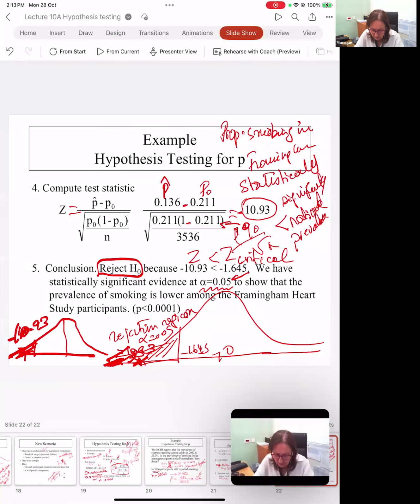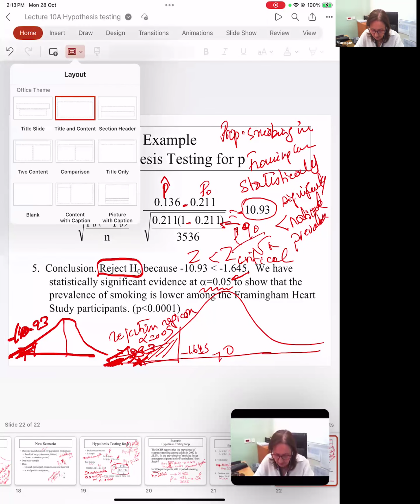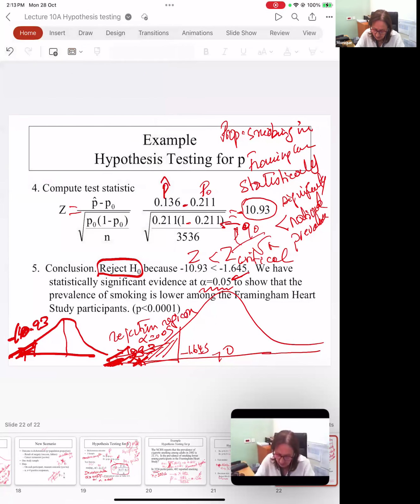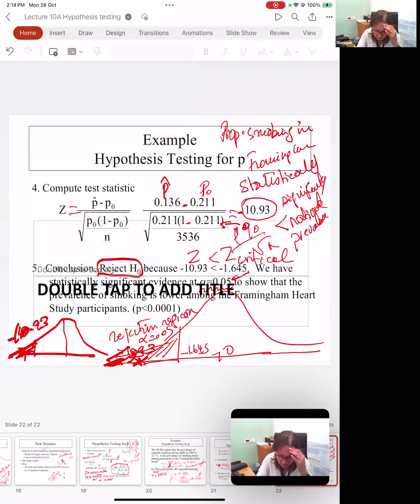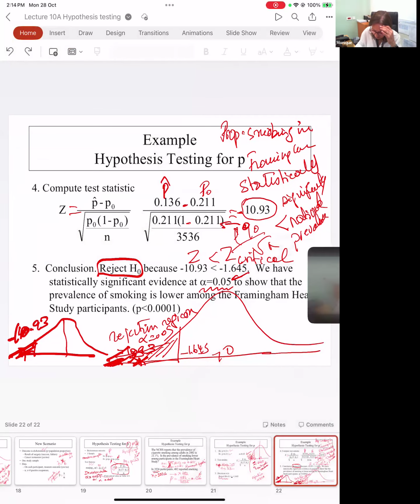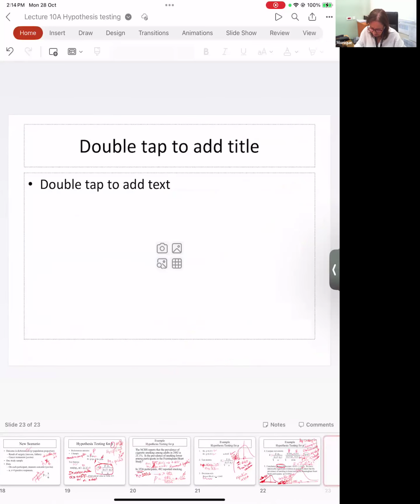As I said, I'm not very comfortable with this. How to add a slide, how to get out of the slideshow. No, undo. Can you give me one second? New slide.